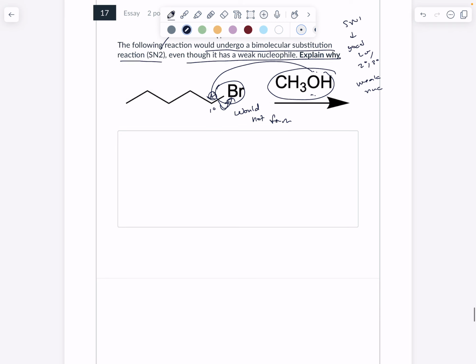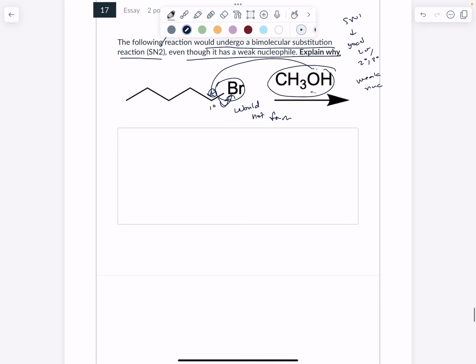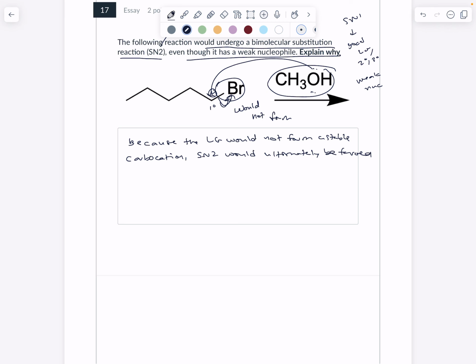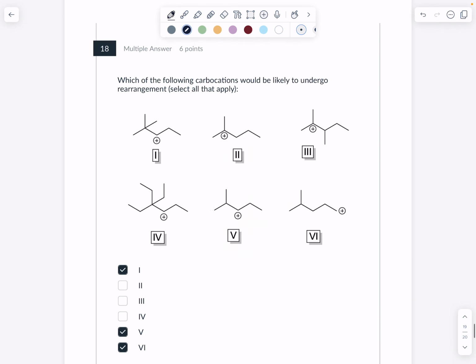So my explanation, I'm not going to write it all out here, but because the leaving group would not form a stable carbocation, SN2 would ultimately be favored. It's not going to be a good SN2 reaction, but it will be an SN2 reaction.